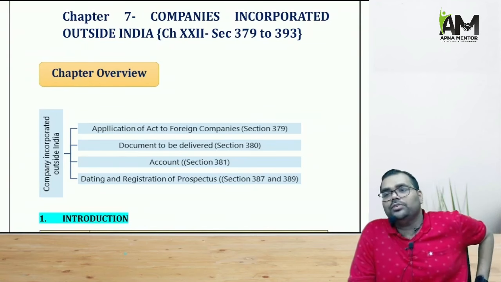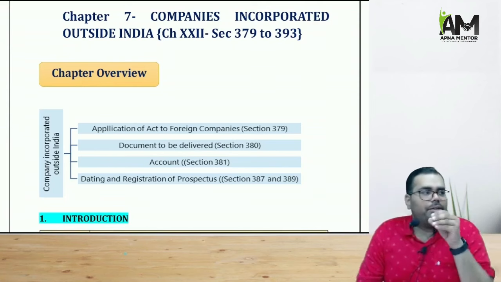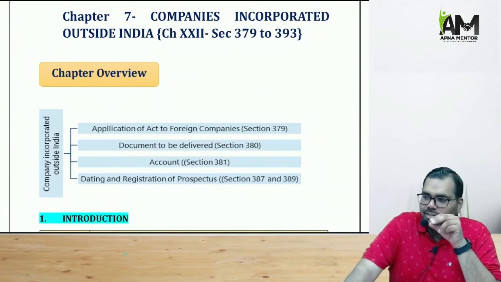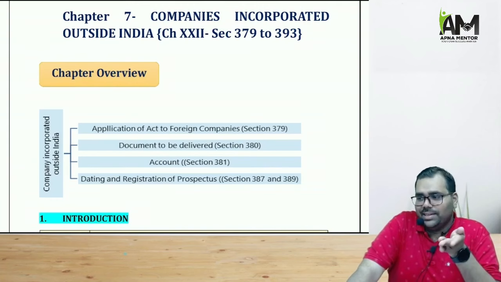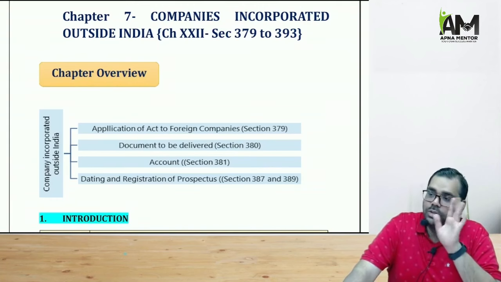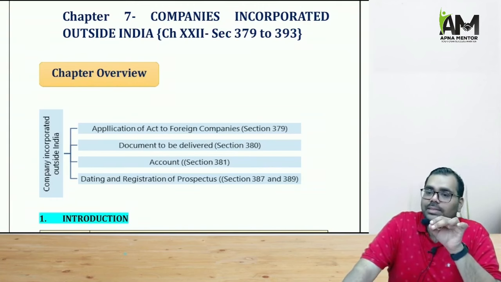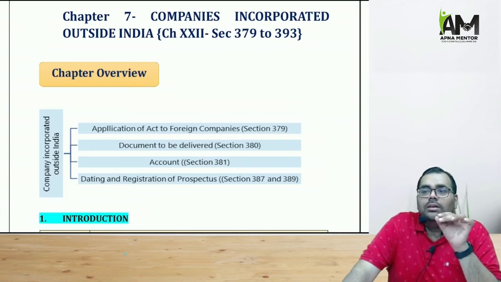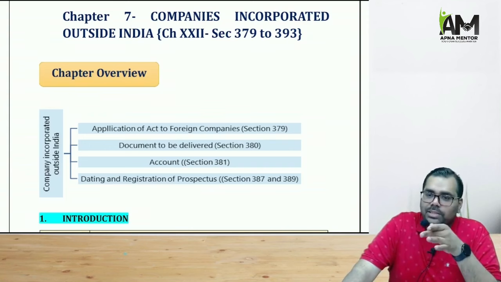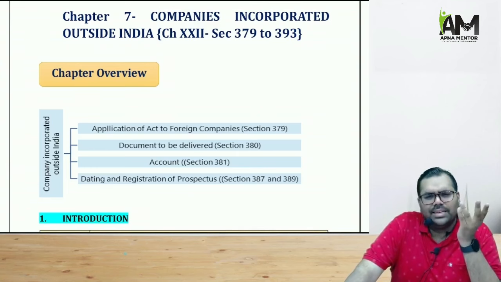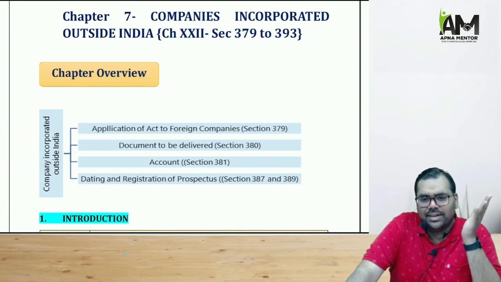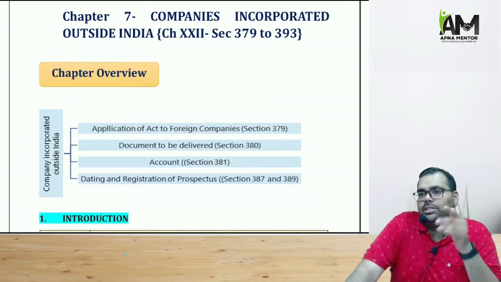So tell me logically, will this particular chapter be concerned with those companies who are not doing business in India, or with those who are coming and doing business in India? We are concerned with those companies who are coming and doing business in India. Otherwise, there are lakhs of companies working somewhere in their own country. We are not going to poke our nose into them.